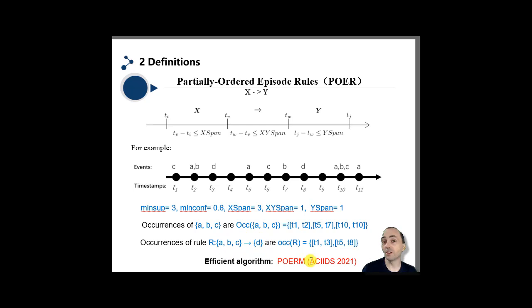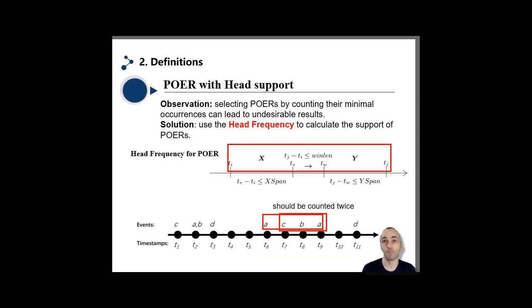We designed this algorithm, which we proposed at the ACIDS conference, and we say that this rule, ABC followed by D, appears between time 1 to 3 and 5 to 8, because we want the occurrences that are not overlapping, as I just explained.